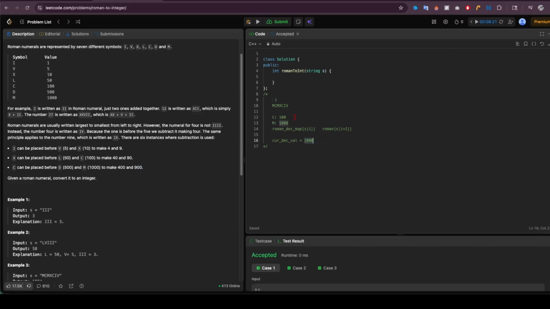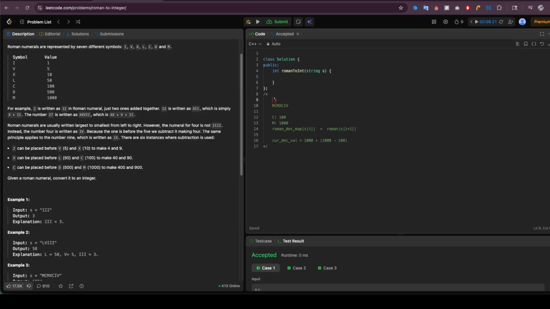So if the next character is greater than our current character, we add the next one minus the current one, which means 1000 minus 100 right here. And instead of skipping just one character, we skip both characters.